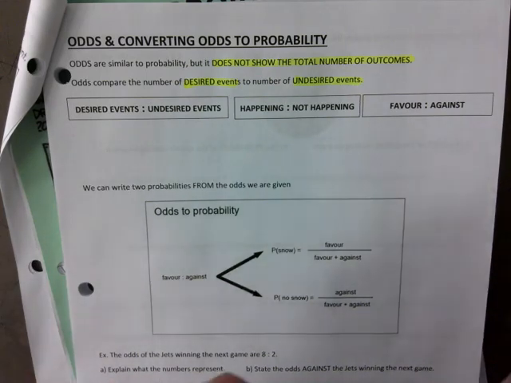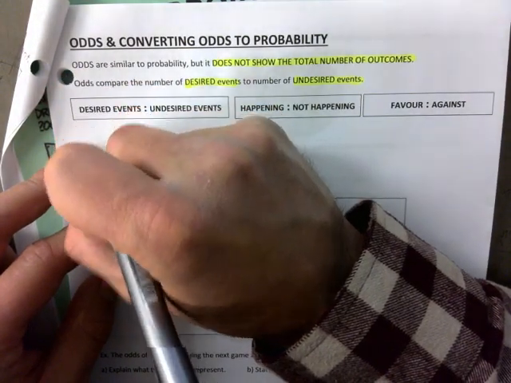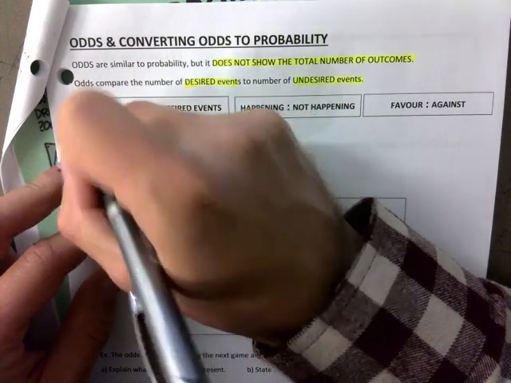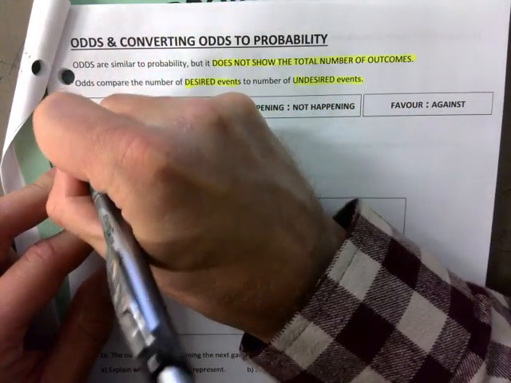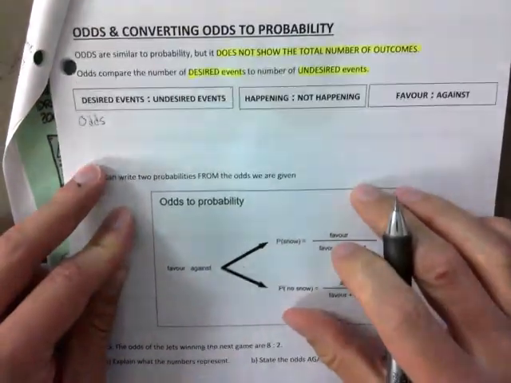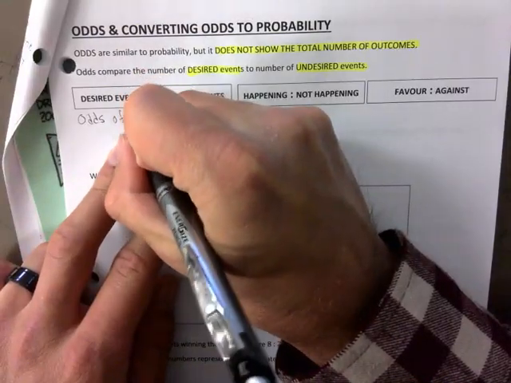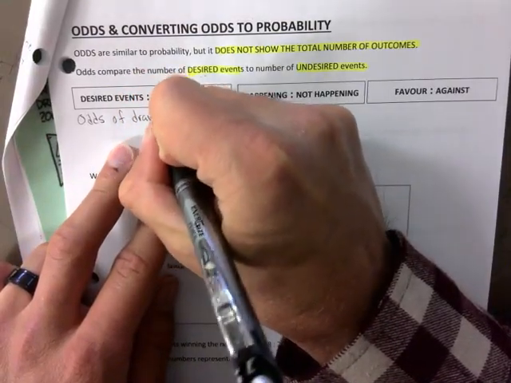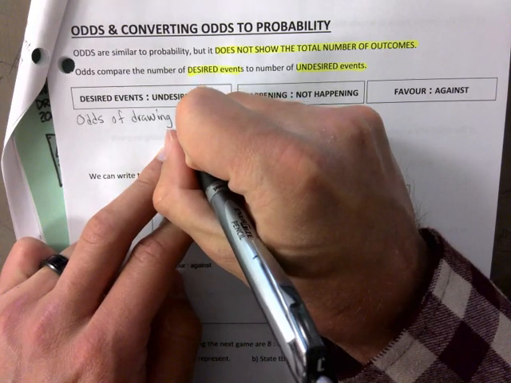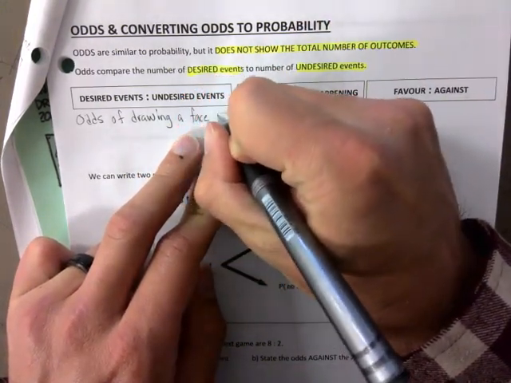For example, let's say I ask for the odds of drawing a face card out of a deck of cards.